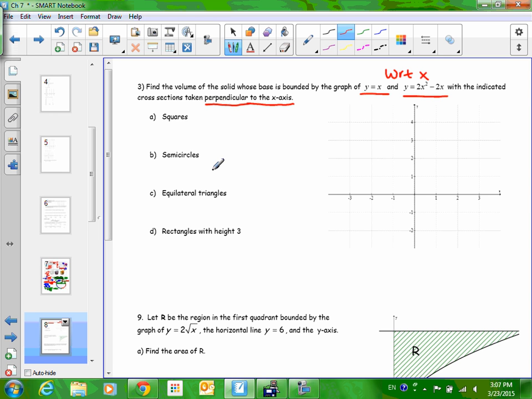Okay? So let's go ahead and graph these. The line is pretty easy to graph. Slope of 1. The parabola, not too bad. I'm not going to spend a lot of time on this right now. Given your calculator, you should be able to graph anything.